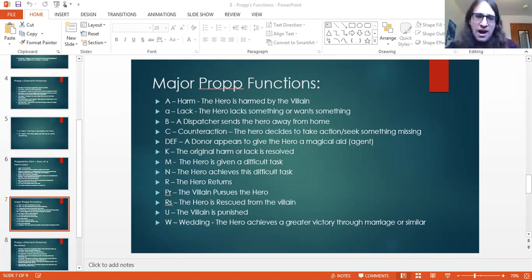But we also have the counteraction, which is Shrek decides to get the fairy tale creatures away, or to get rid of them. Arguably that happens before the dispatching in this story, so it's a little bit out of order, but that's fine. They can be flexible like that. So we've got Shrek deciding to get rid of the fairy tale creatures, Lord Farquaad sending him away, and Shrek leaving home.